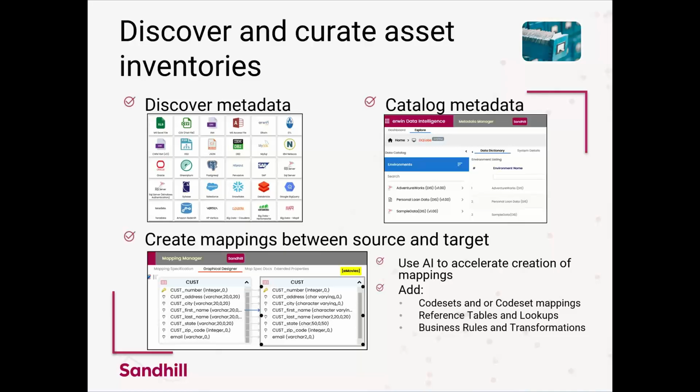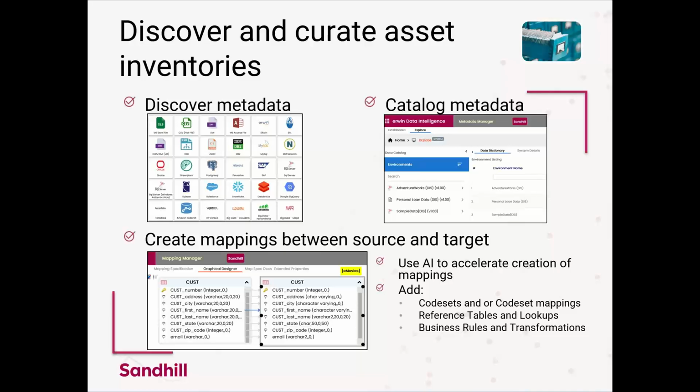There's also the ability, as part of that mapping, to ask: if we're taking the data from our source, are there any reference data sets that we should be using? For example, there might be country codes or gender codes.